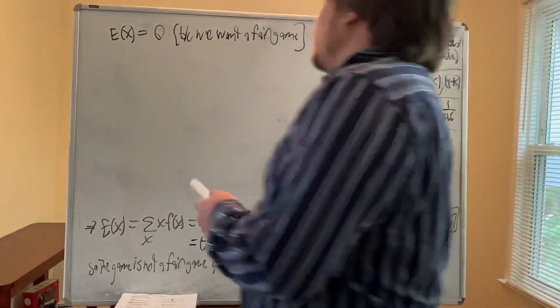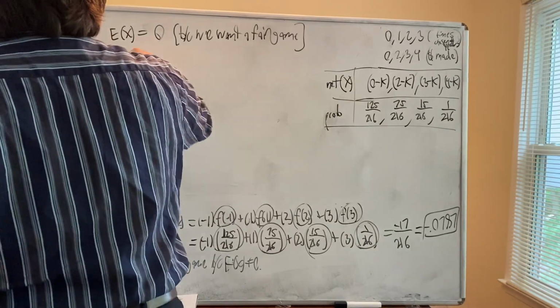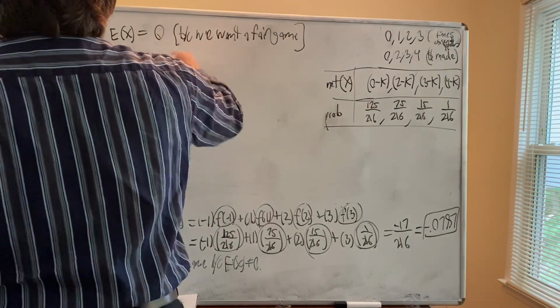And so what is the expected value of X though? Looking at this, it's the sum over X of X times f of X. That's what's 0.